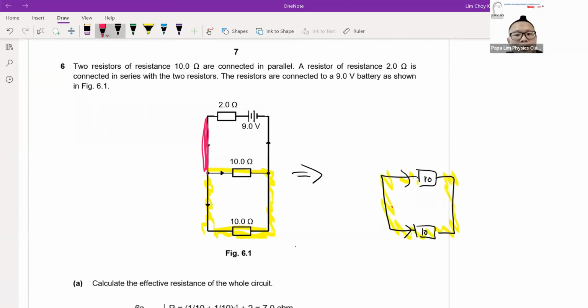Then after that, the 2 ohm resistor, I'll put here. Now I will lengthen this cable, so I'll extend this cable to here.